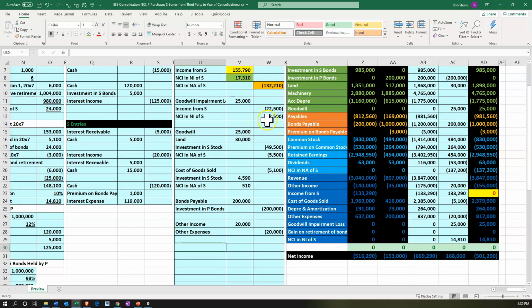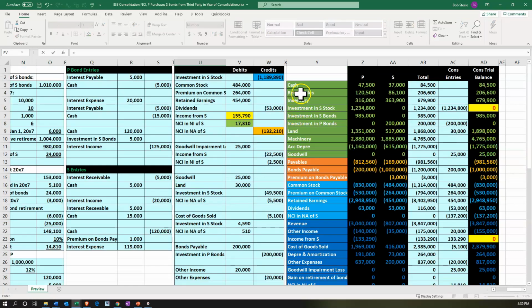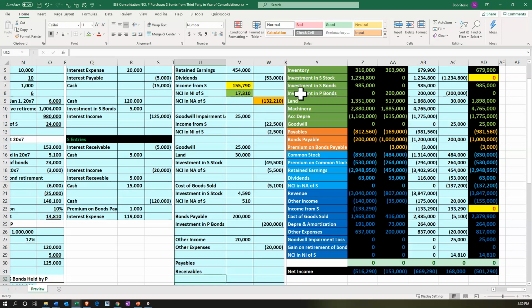So we got to reverse the payables with a debit because they're credit balance accounts. So we're going to debit them, and the receivables are debit balance, so we're going to credit them for the amount of, I'm going to say, this 5,000.